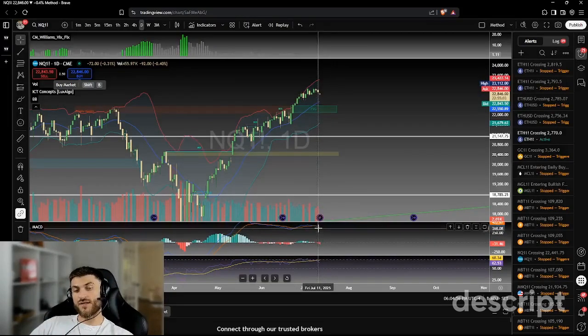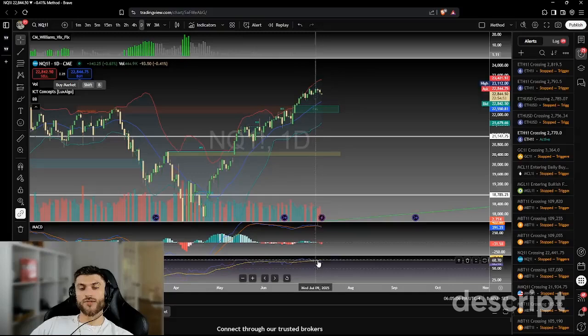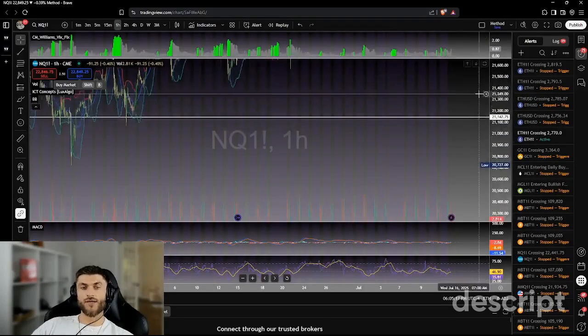And then we've also got the moving averages crossing over to the downside. That, along with the RSI, doing the same thing. So the RSI is in overbought territory. It is finally curling down, which is all telling me that there could potentially be a little bit of downside before we continue moving higher.